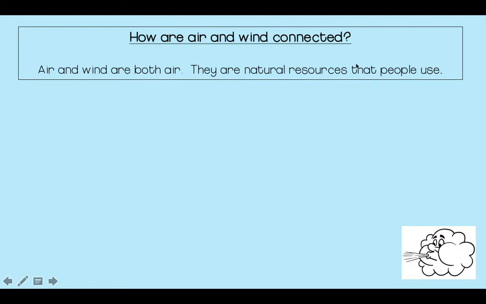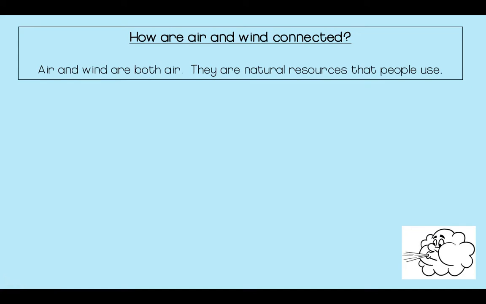So we just learned about all the ways we use air and wind, or all the ways that air and wind might affect our lives. So they are both things that happen naturally on Earth. But also, air and wind are connected because they both come from air. I learned that wind is moving air.